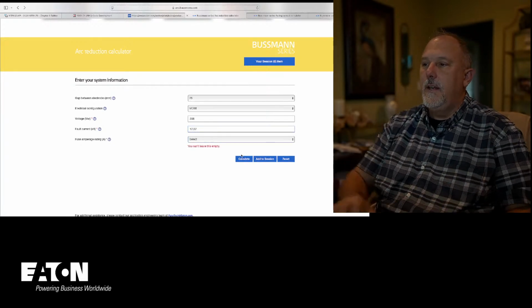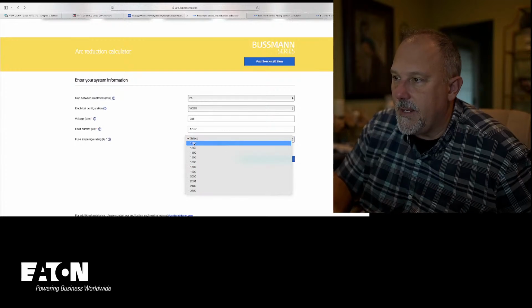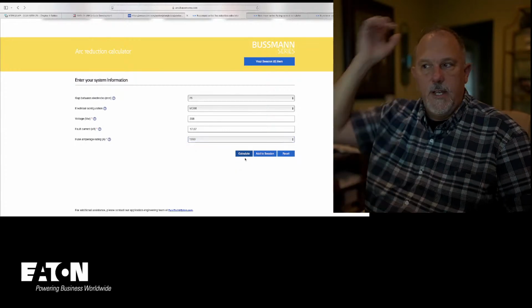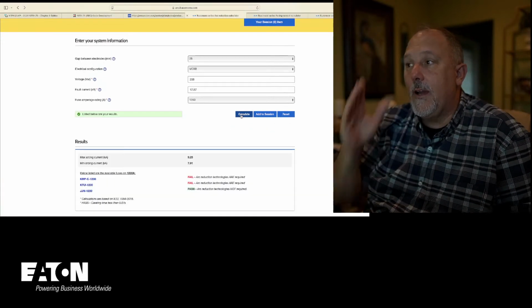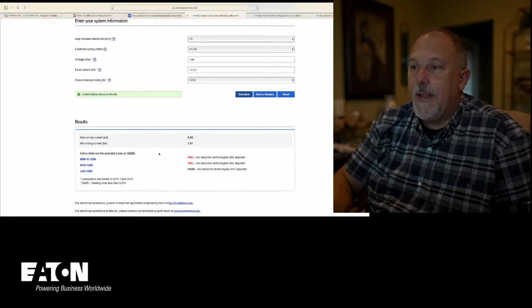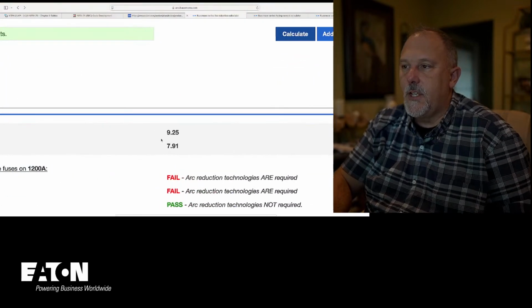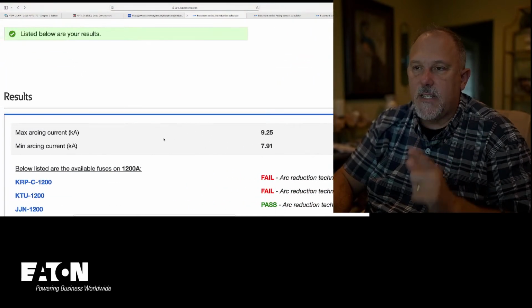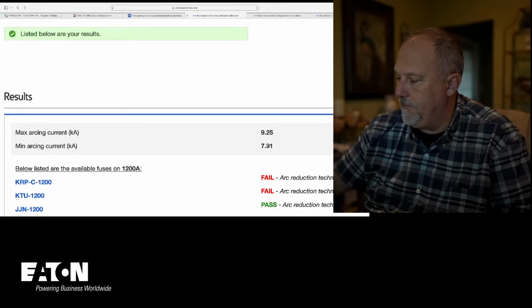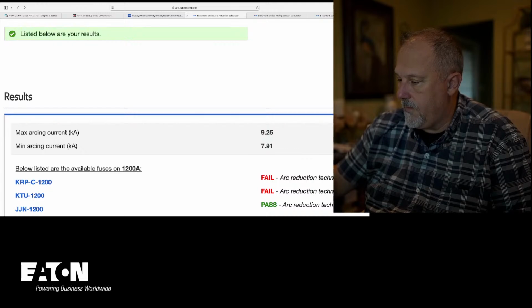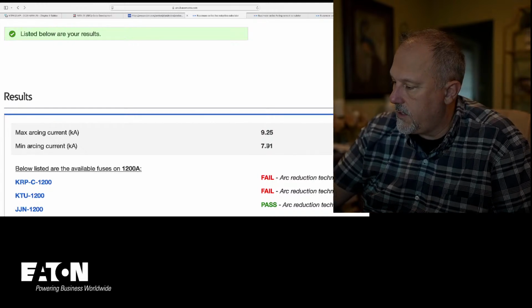Calculate. I can't leave this empty. I'm just going to pick a number. I'm going to pick a 1200 amp fuse. Calculate. There they are. Look at that. So my maximum is 9.25. My minimum is 7.91.